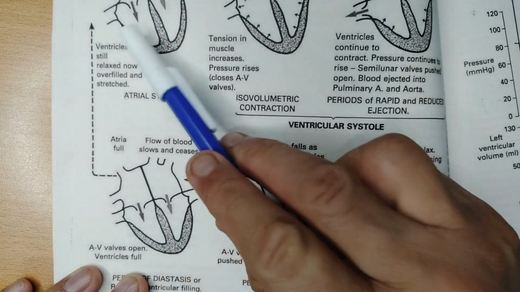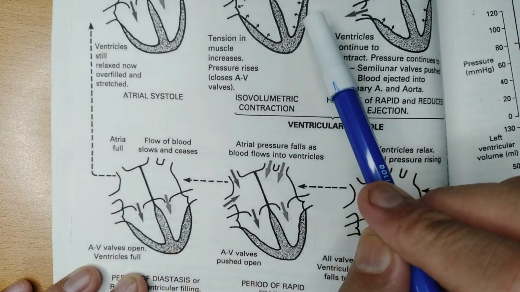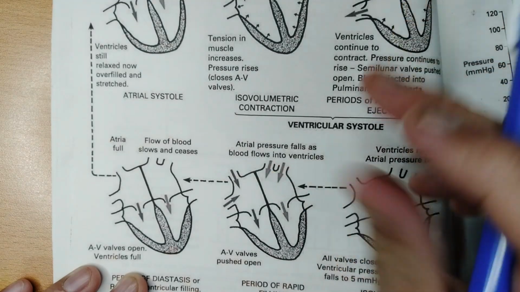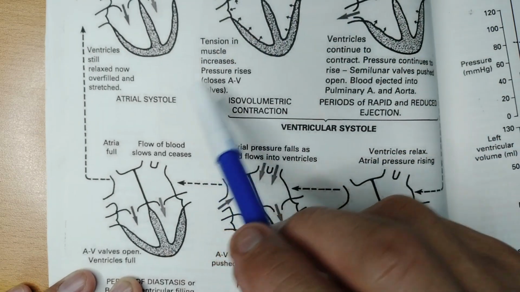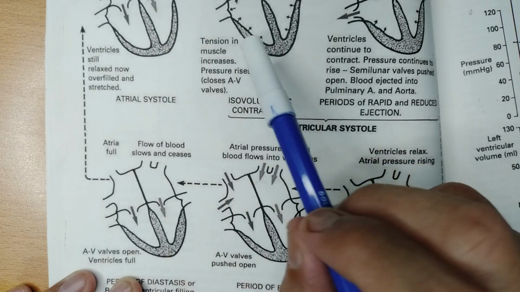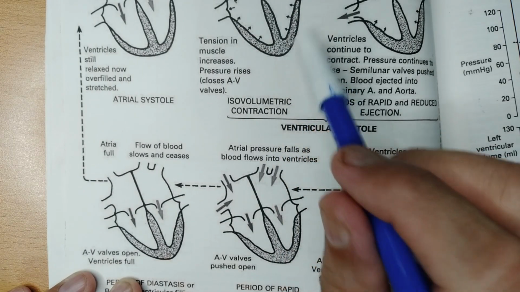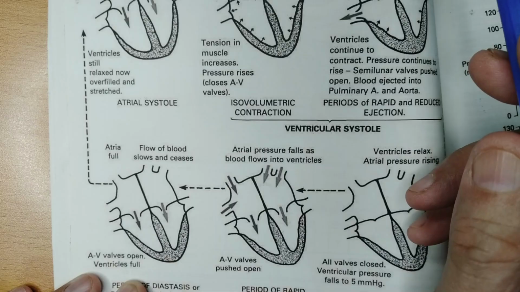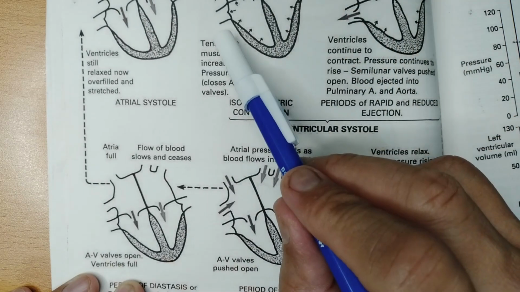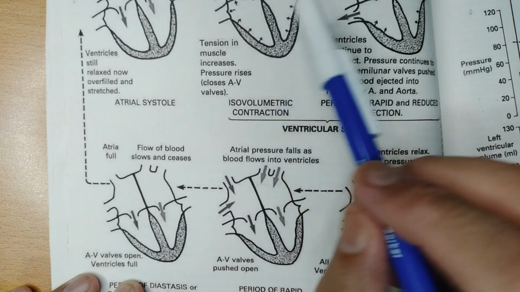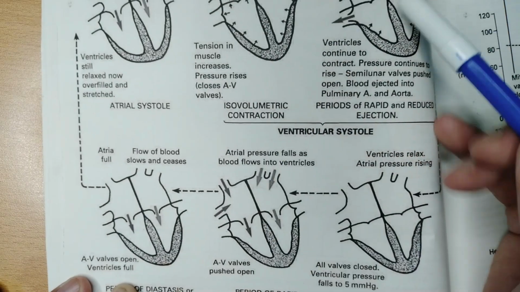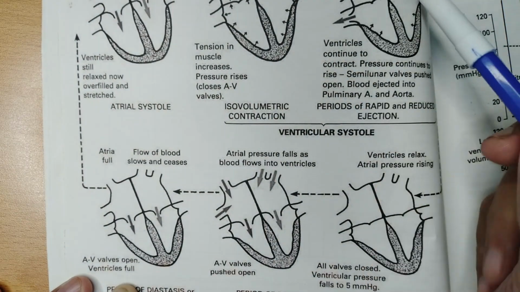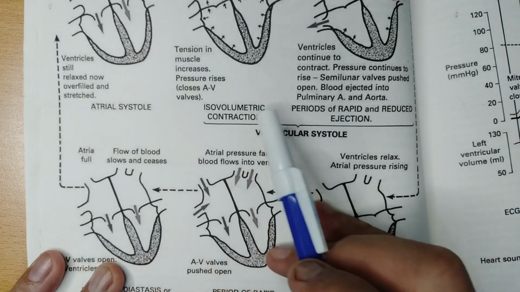So the ventricles, having fully relaxed, are now contracting and the pressure is increasing, but all the valves are closed. When the pressure in the left and right ventricles exceeds the pressure in the pulmonary artery and aorta, the semilunar valves, that is the pulmonary and aortic valves, open and blood is pumped into the pulmonary artery and aorta.